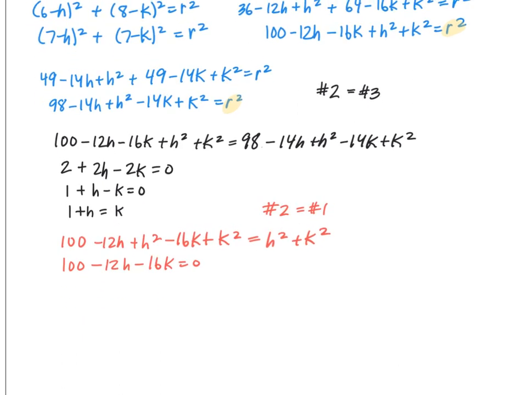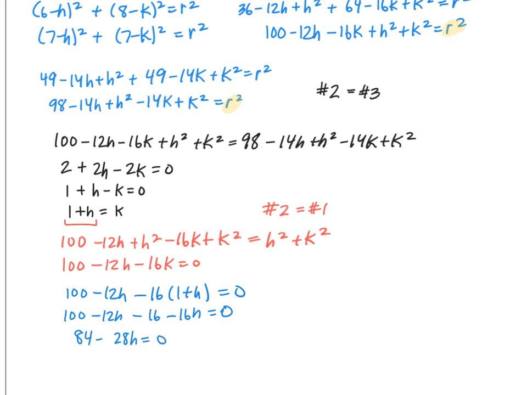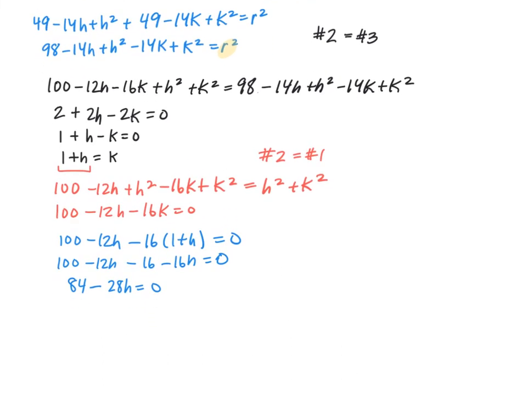If I use the fact that k is equal to this and plug it in right here, let me go to a different color again. So this would be 100 minus 12h minus 16 times (1 plus h) equals 0. So I'm going to sub it in right here, just so I can get one equation with one variable. And then I can combine my like terms and solve and find out what h is.